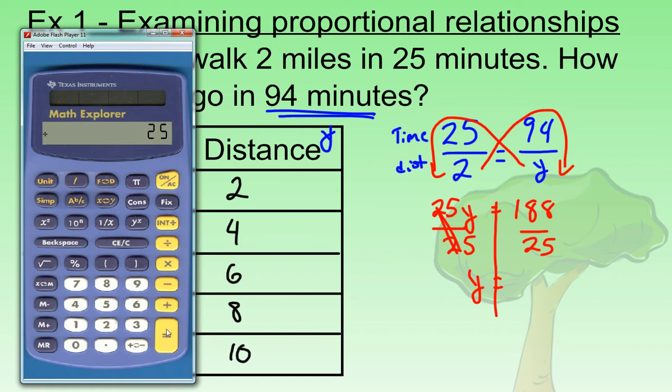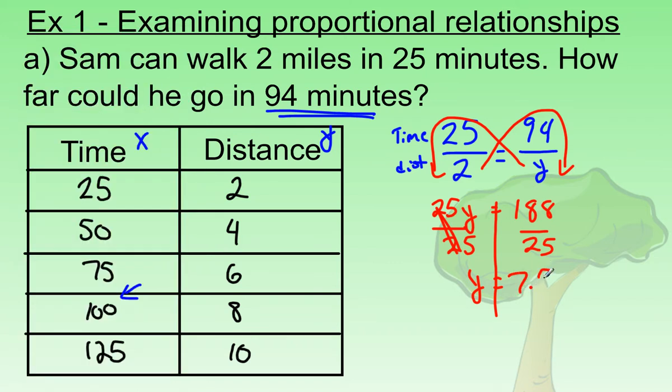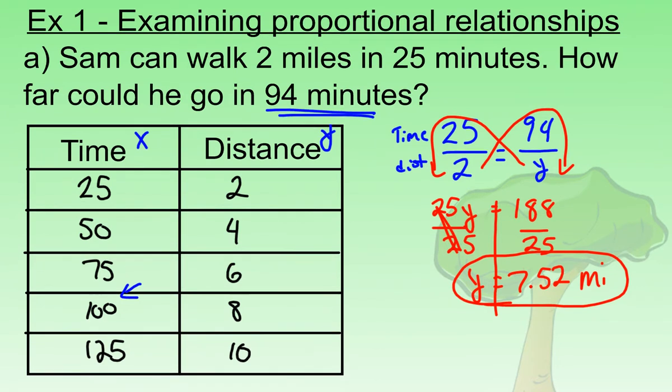Divide by 25. 7.52 miles. Since we're talking about a distance here, distance is the y variable. So in this amount of time, Sam could walk 7.52 miles.